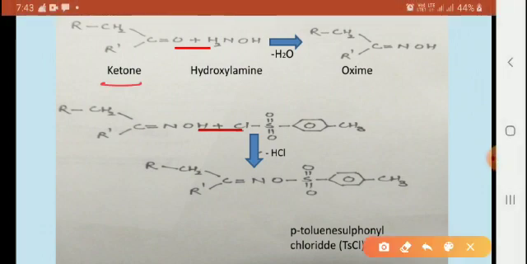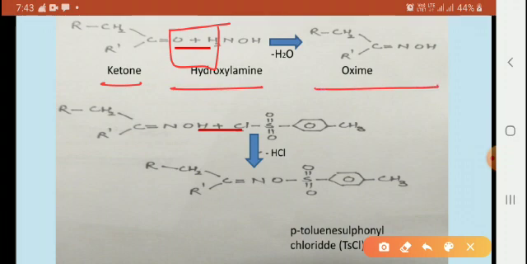Ketone reacts with hydroxylamine in acidic medium, eliminates one molecule of water, and forms oxime. Oxime reacts with para-toluene sulfonyl chloride, eliminates one molecule of water, and gives the ketoxime.